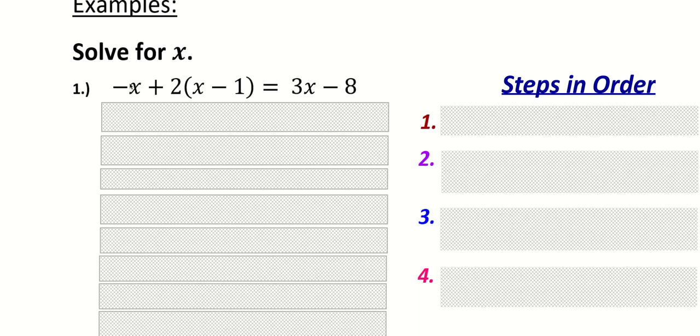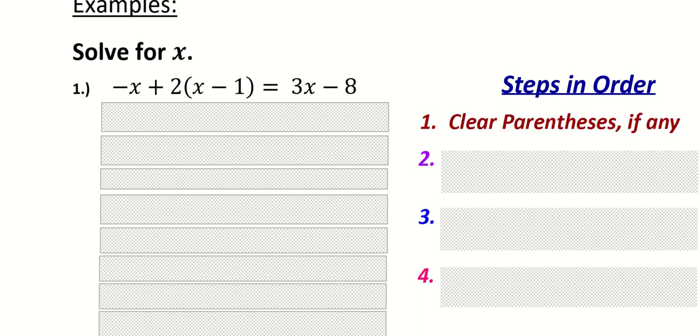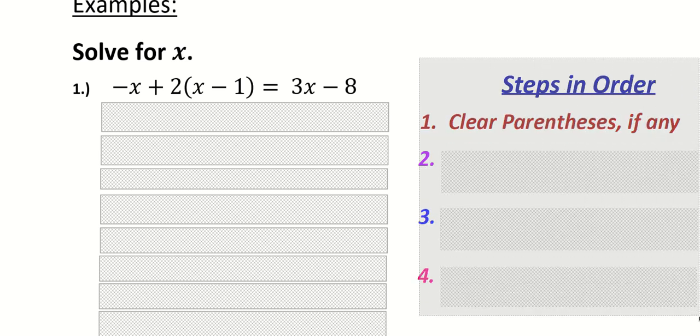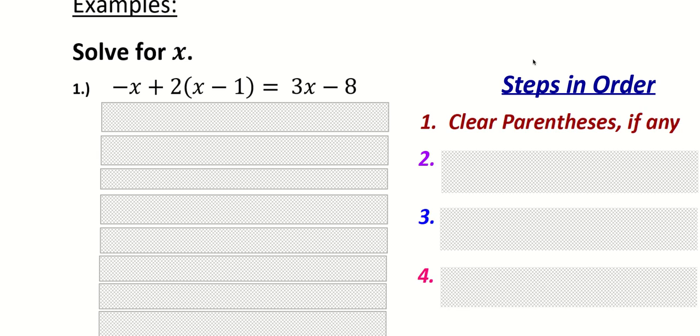So when you see parentheses to clear, that's what you should do first. Over here is going to be a pretty comprehensive hierarchy of steps, what you should do first and in what order.